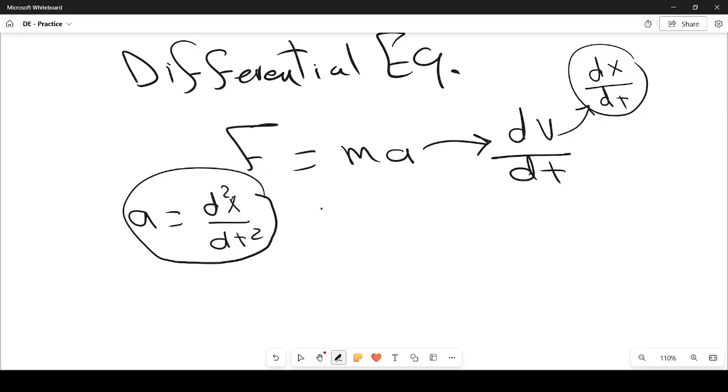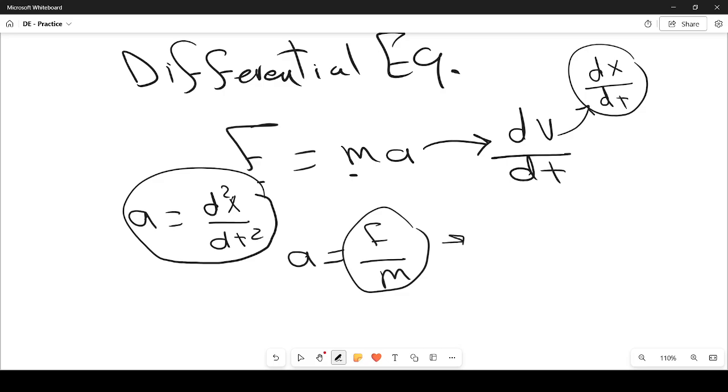So we should assume that the force and the mass are constants, and we're going to assume a specific number, any number actually. We're concerned only with the acceleration. So a equals F over m.